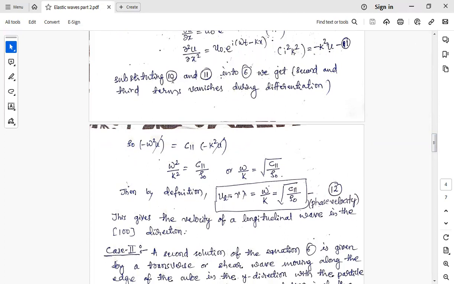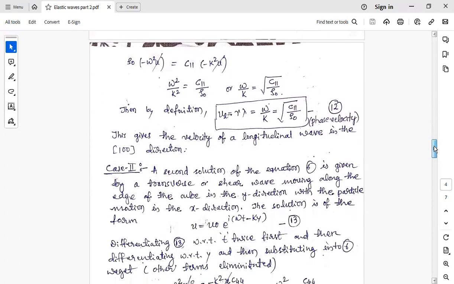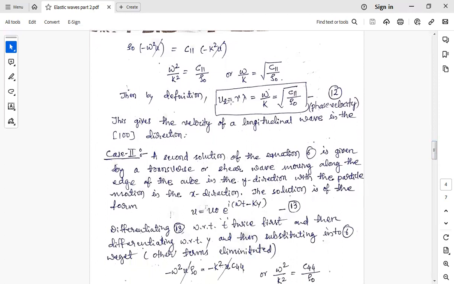After omitting all other terms and simplifying, we got omega by k equals root of c11 by rho naught. And this omega by k is nothing but the phase velocity of the wave. By definition, the velocity of a wave is equal to nu lambda, or f lambda. That is the basic definition.